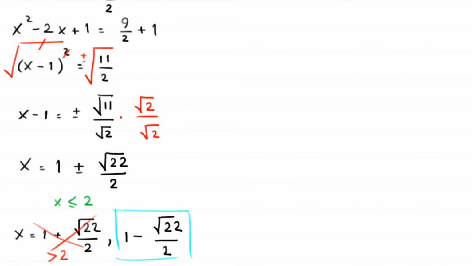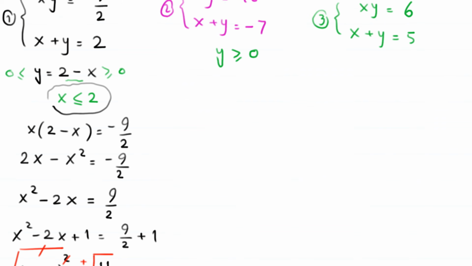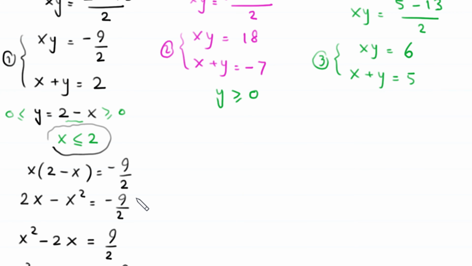Now we move on to case number 2. In case number 2, from this equation, if we move this x to the right hand side, then y will be equal to negative 7 minus x. Replace this y with this negative 7 minus x. This first equation will become x times (negative 7 minus x) equal to 18.